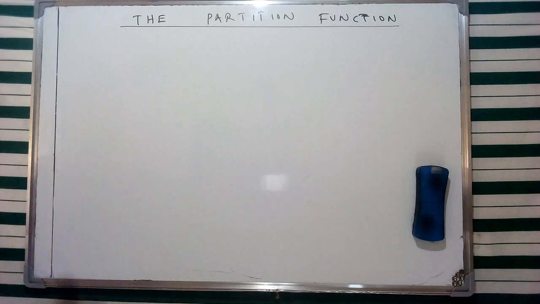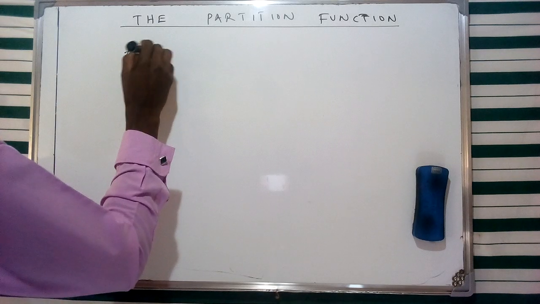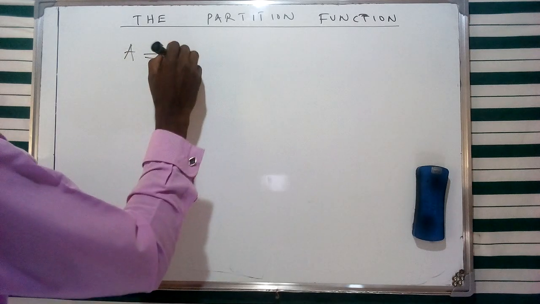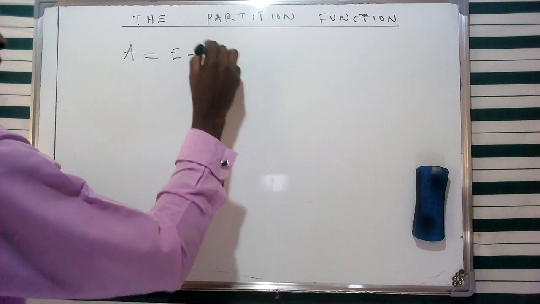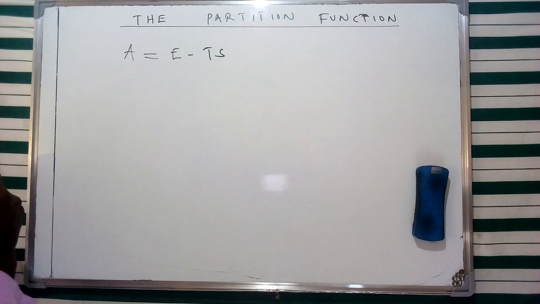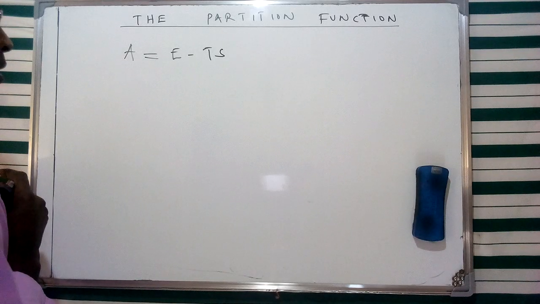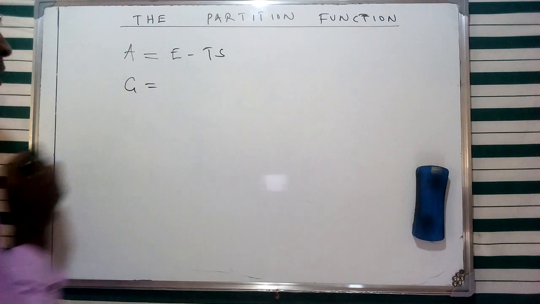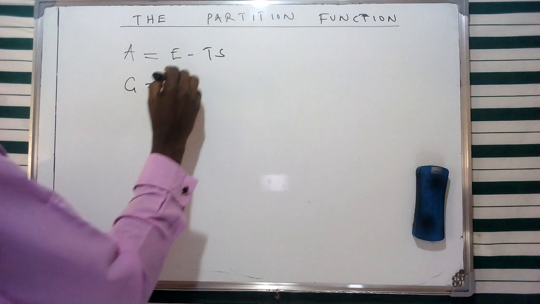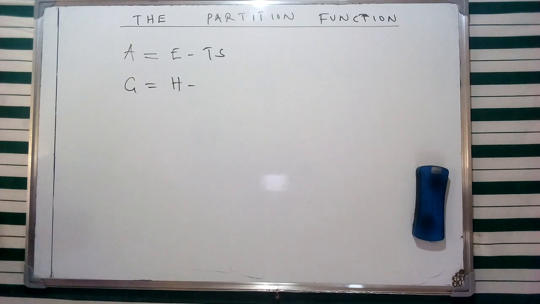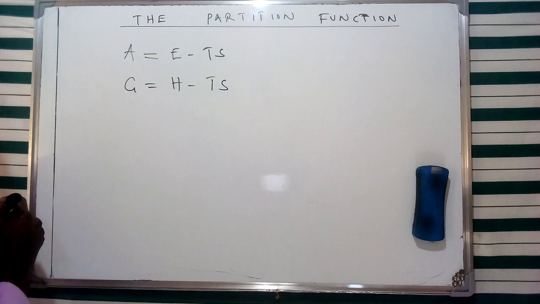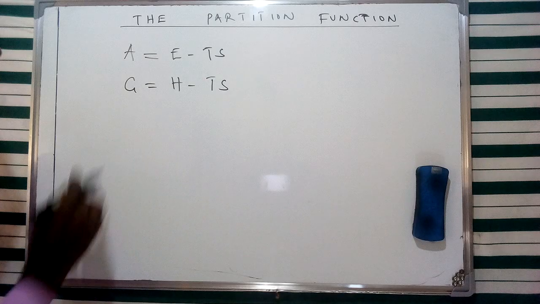Now, to list a few, we have what we refer to as Helmholtz free energy, which is given as the difference between energy and the product of absolute temperature and entropy. Then we have another variable referred to as Gibbs free energy, given as the difference between enthalpy and the product of temperature and entropy.